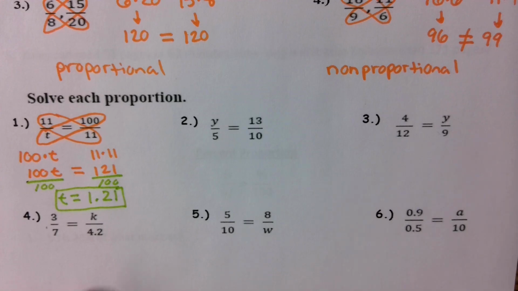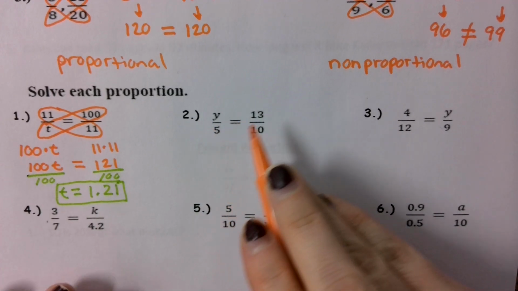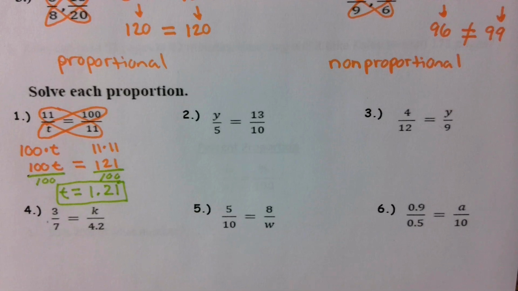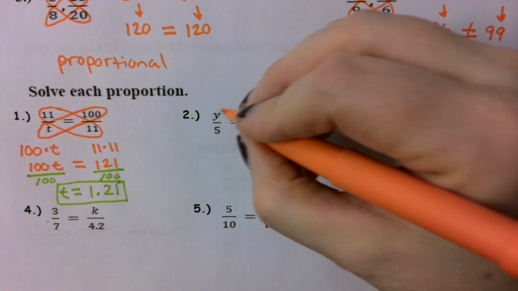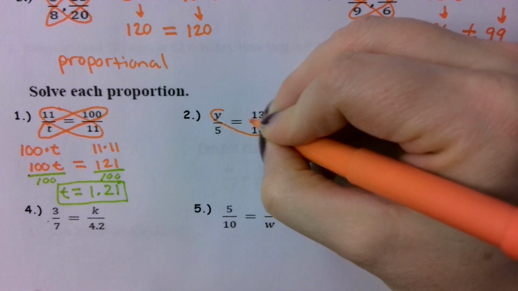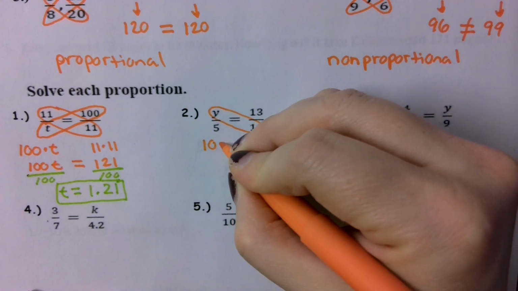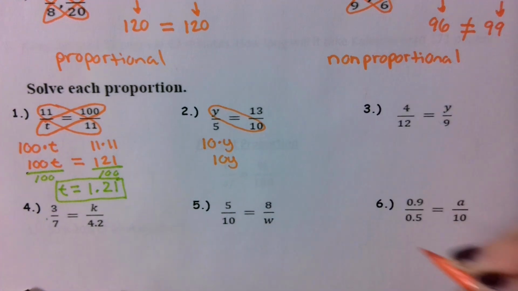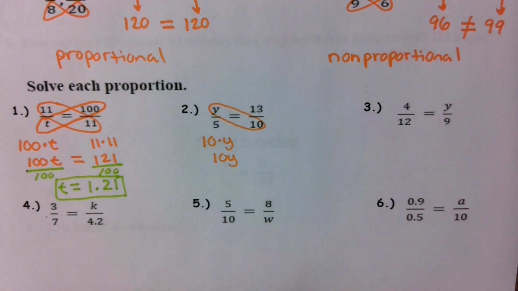So we have y over 5 is equal to 13 over 10. So again, we're going to multiply with our variable first. So what are we going to multiply? Y and 10. Good. So we're going to do y times 10, or 10y, right? Y times 10 is going to give us 10y.